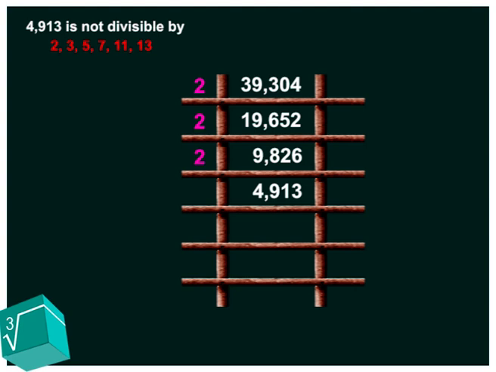4,913 is not divisible by 2, 3, 5, 7, 11, 13, but it is divisible by 17. So 17 is the smallest prime number which can exactly divide 4,913. Therefore, 17 is the best number to choose.